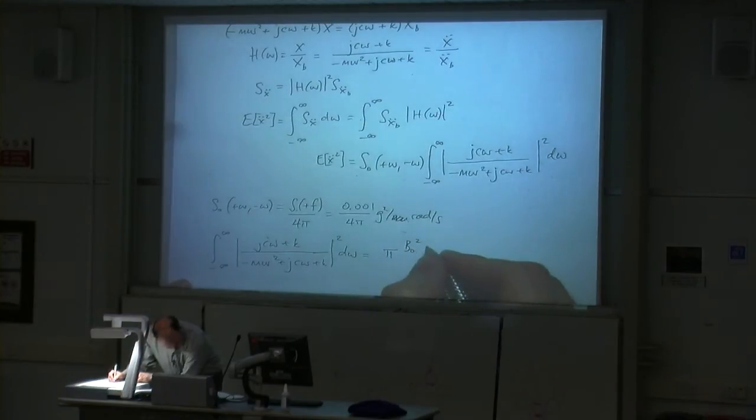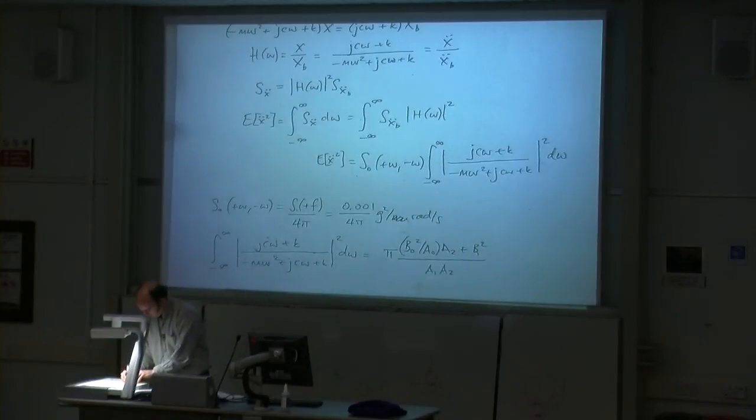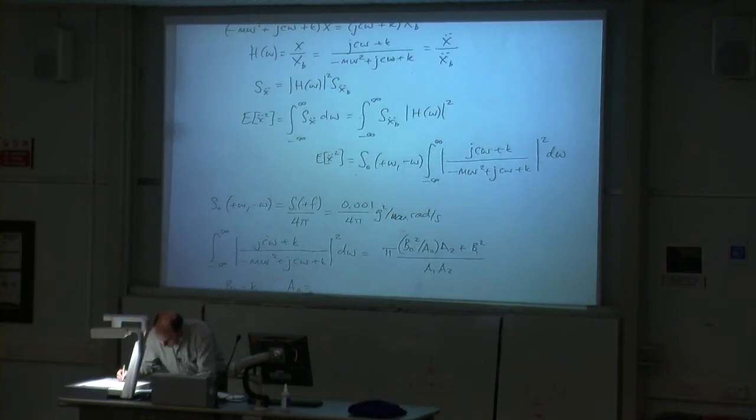B naught squared divided by A naught, all multiplied by A2, plus B1 squared divided by A1, A2. Now in this equation we can see that B naught is K, B1 is C, A naught is K, A1 is C, and A2 is M.